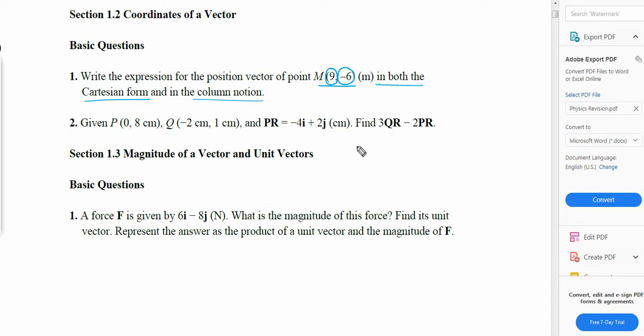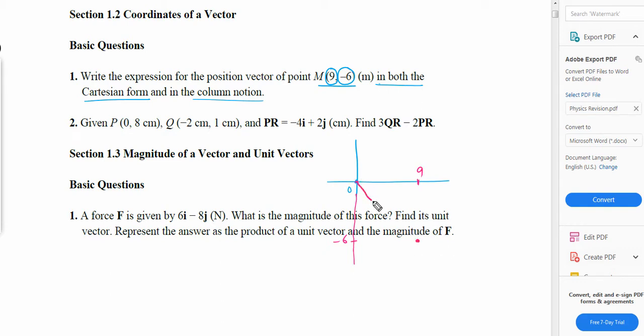Let's suppose we have an XY coordinate system. This is the origin. This point has traveled 9 units to the right and 6 units down. So 6 units down will be somewhere here. Let's suppose it's negative 6 over here. So this point will be right over there.